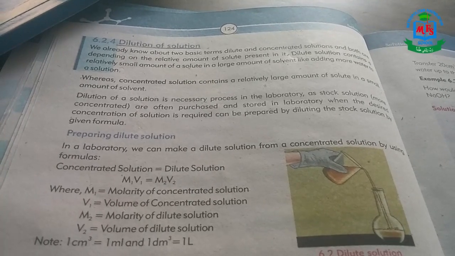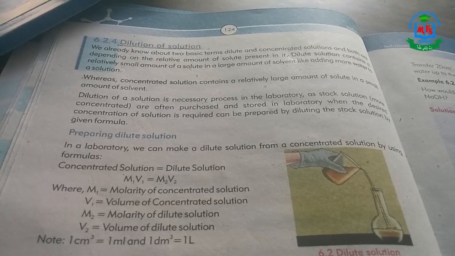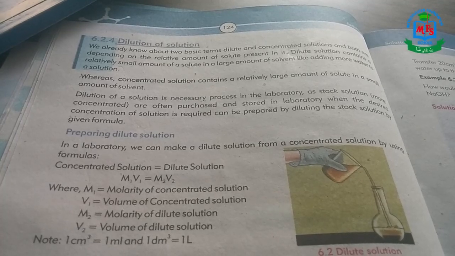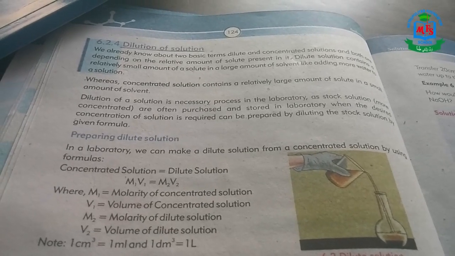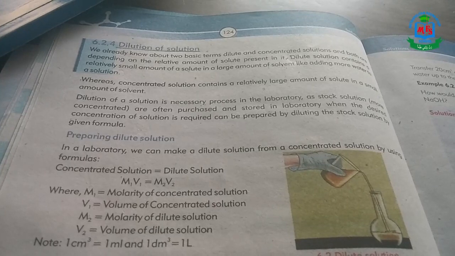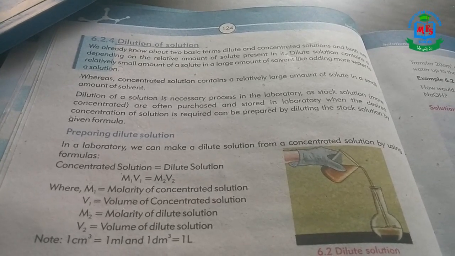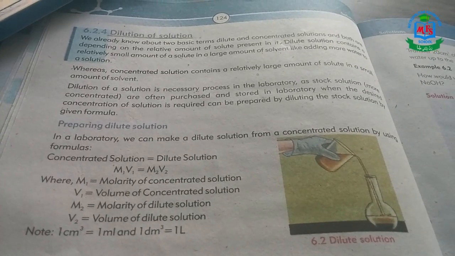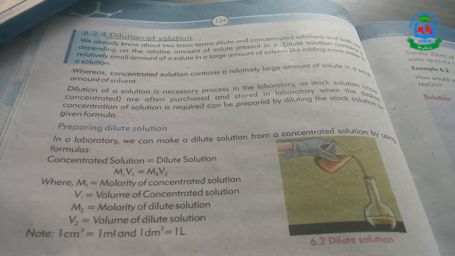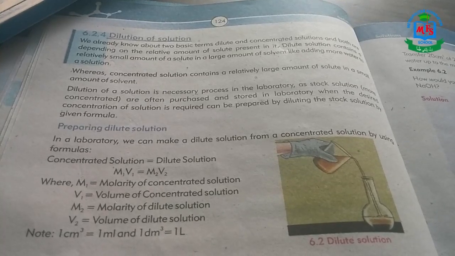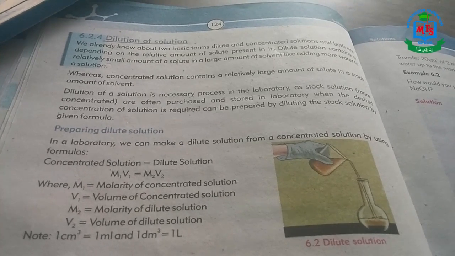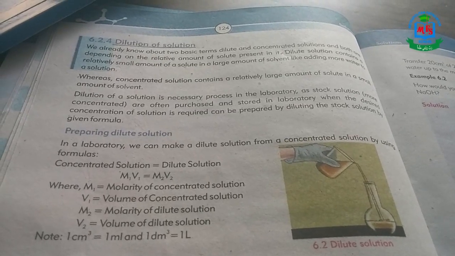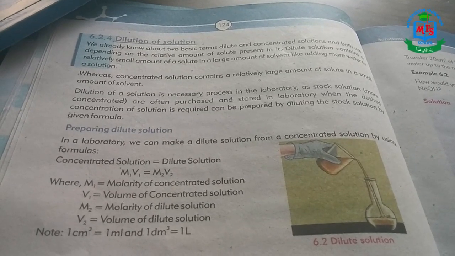The formula is M1 V1 equals M2 V2. M1 represents molarity of concentrated solution, V1 volume of concentrated solution, M2 molarity of dilute solution, and V2 volume of dilute solution. With the help of this formula, we can make dilute solution in the laboratory from concentrated solution.